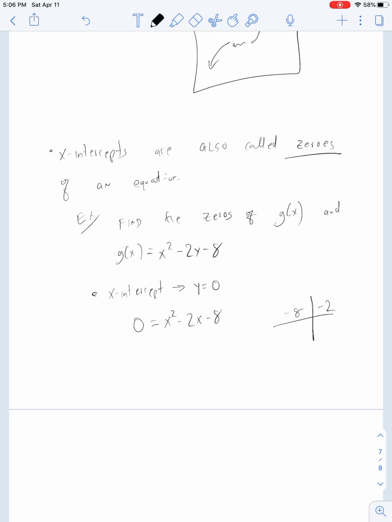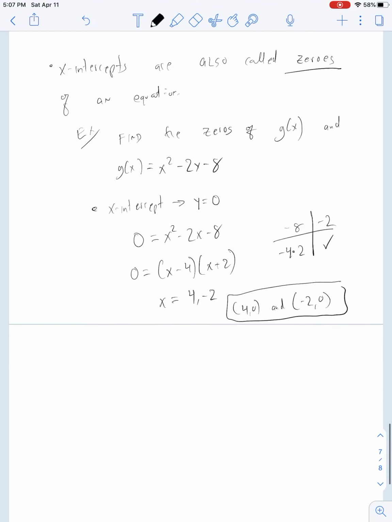Product of negative 8, that sums to give us negative 2. What do we get? Negative 4 times 2. Doesn't that work? So it's 0 equals x minus 4, x plus 2. We get these answers to be 4 and negative 2. So our zeros here are 4, 0, and negative 2, 0.